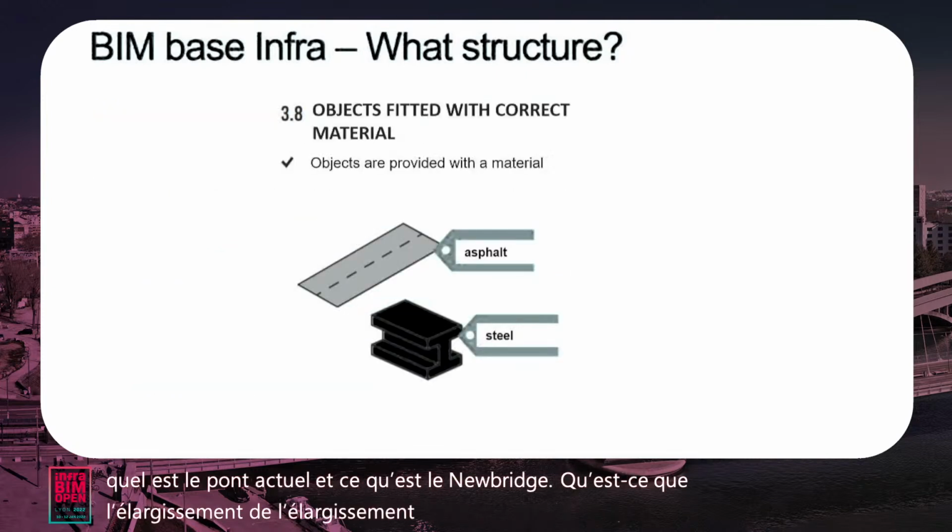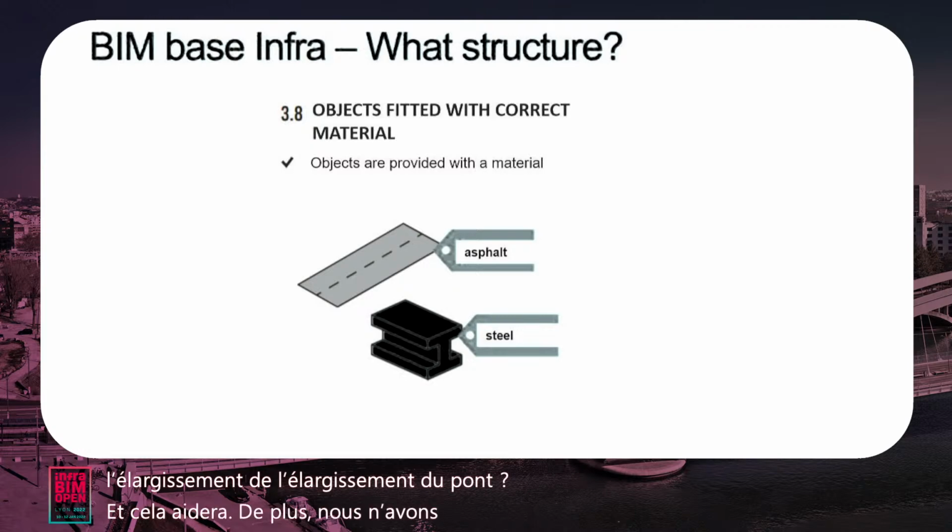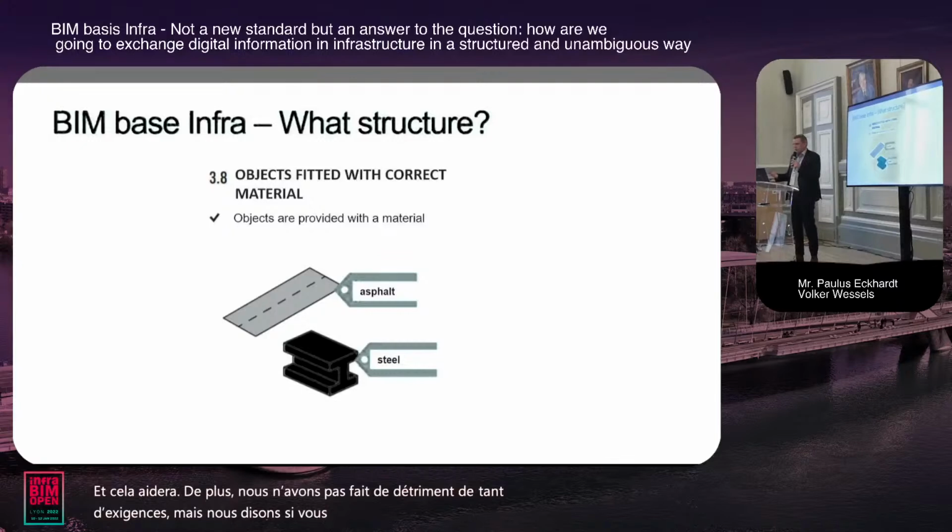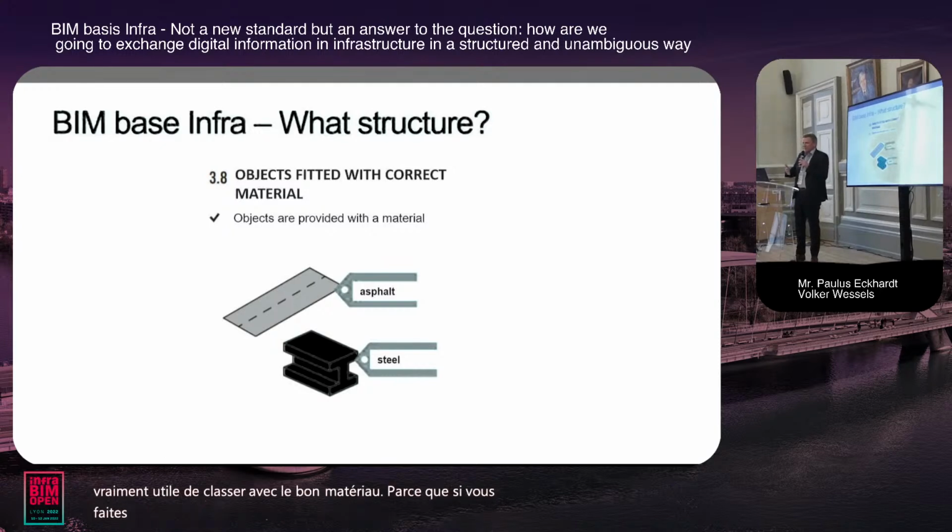And this will help also. We didn't make that many requirements, but we say if you want to visualize, it really helps that you classify with the right material. Because if you make a visualization, then asphalt looks like asphalt and concrete looks like concrete.